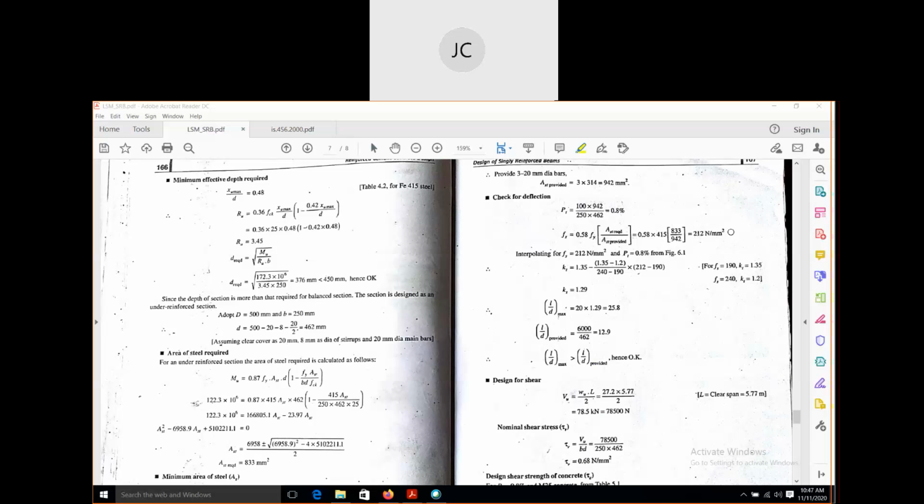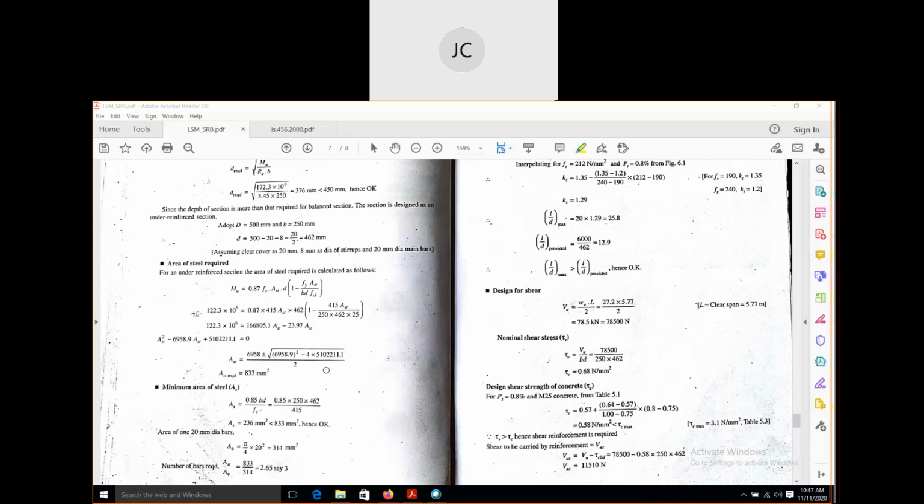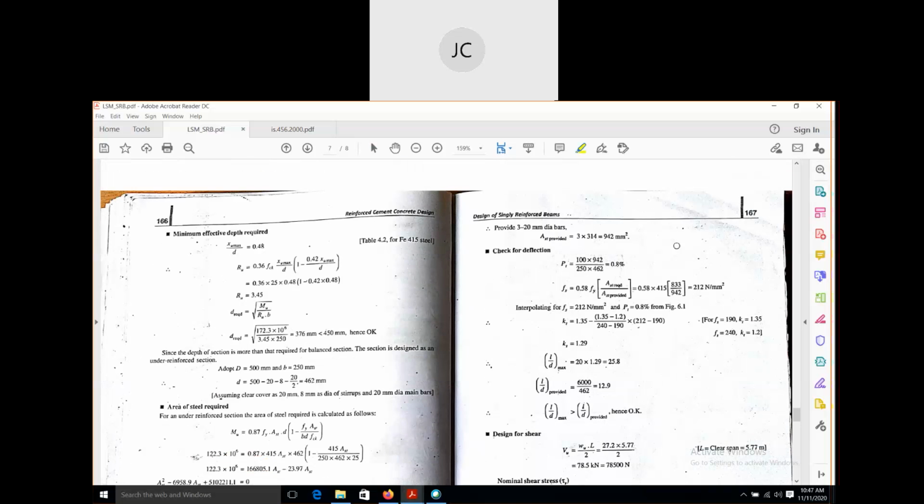If you put all the values, Fy value is 415, AST required is 833. This is the value of AST required. And AST provided is how much? 942. If you put the values, we will get Fs equal to 212 Newton per millimeter square.